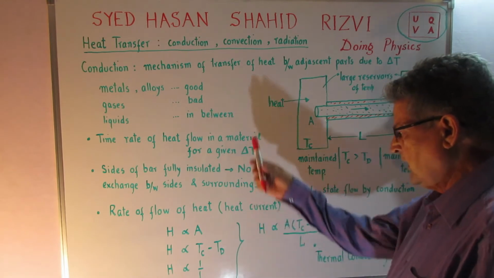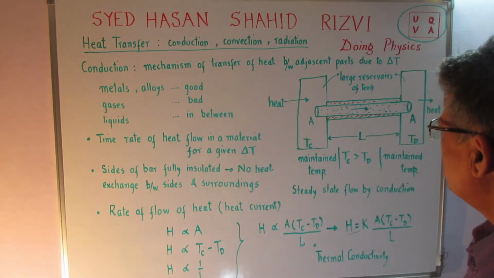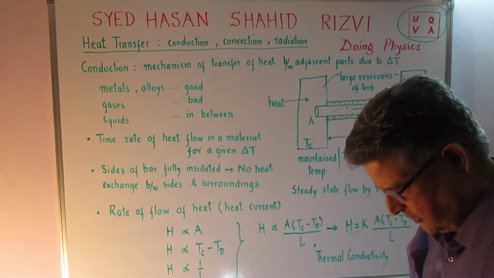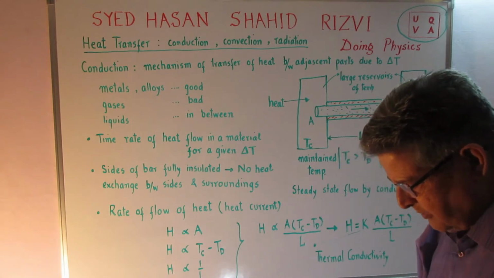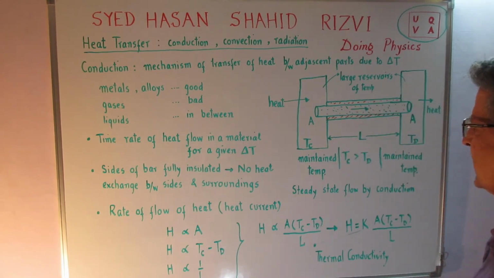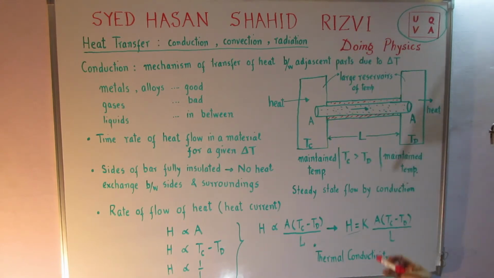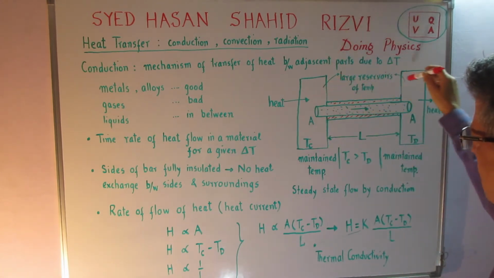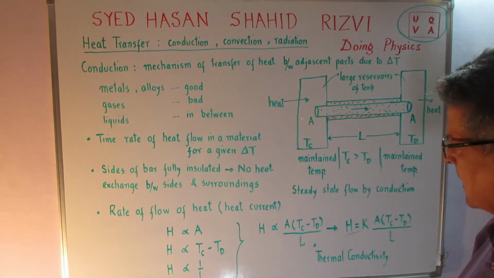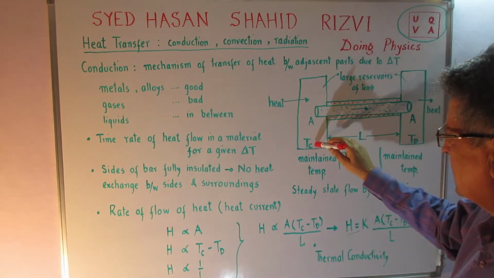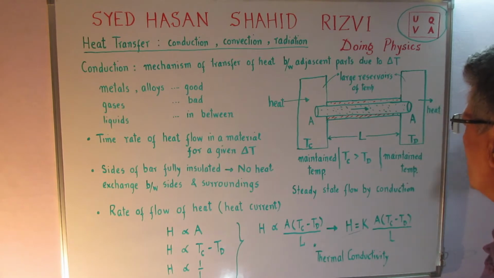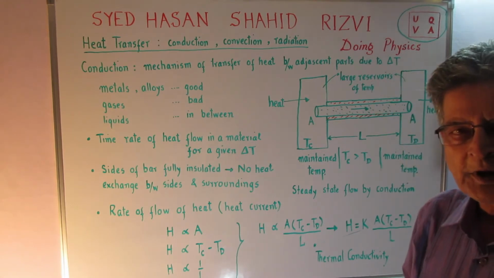Now, before I go to other things, let me introduce to you an arrangement by which we can study the heat transfer. There are two large reservoirs of temperature, Tc and Td, which are maintained temperatures.